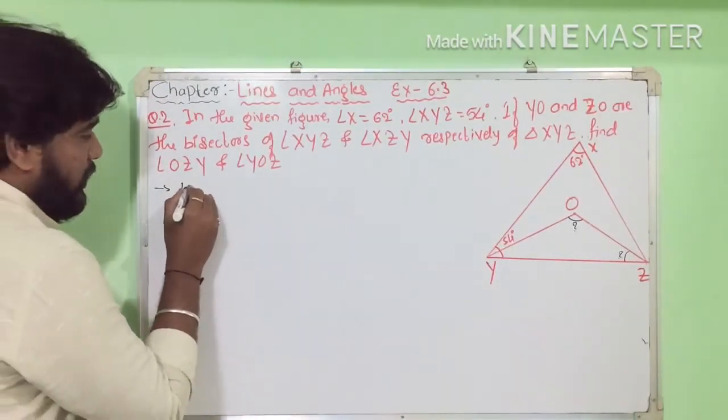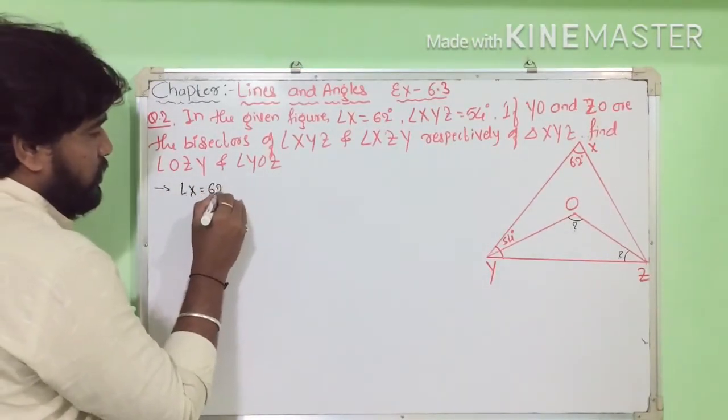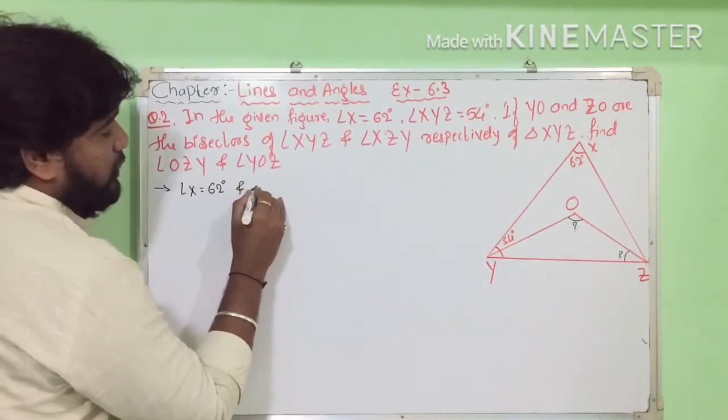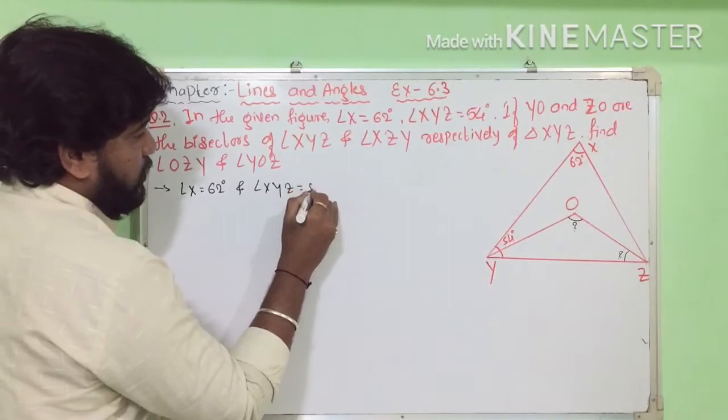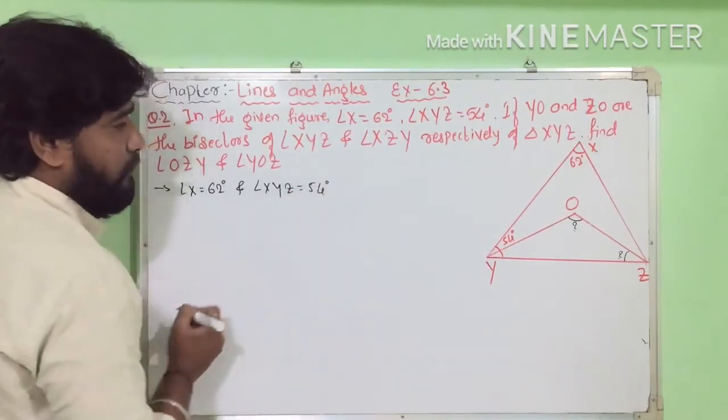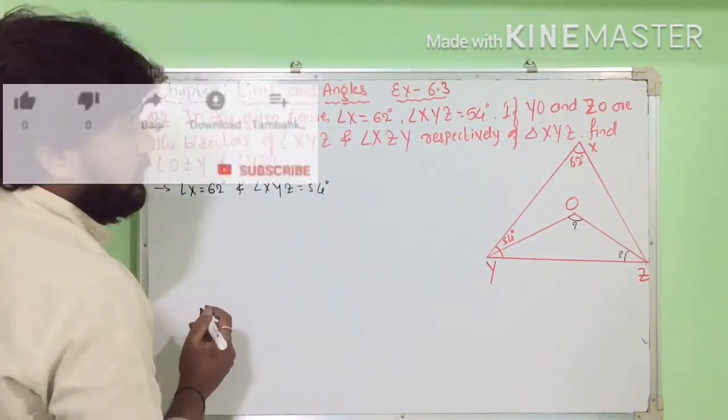So first write down what they have given here. Angle X is equal to 62 degrees and angle XYZ is equal to 54 degrees, right?